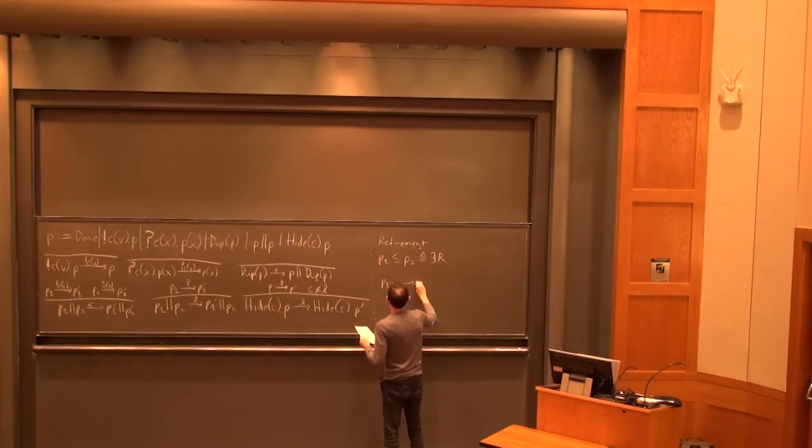So assume I have P1 and P2, not necessarily the same ones up here, that are related by the R we chose.